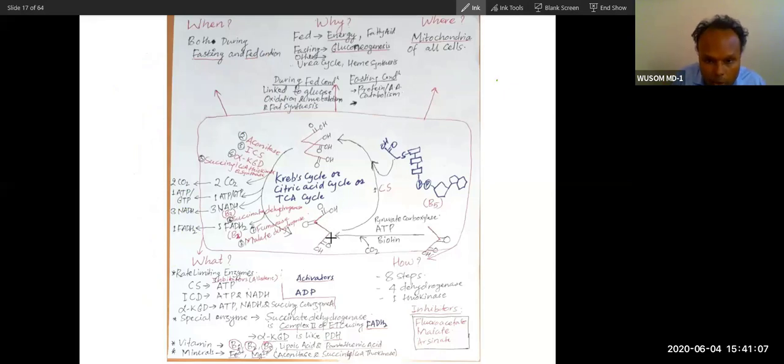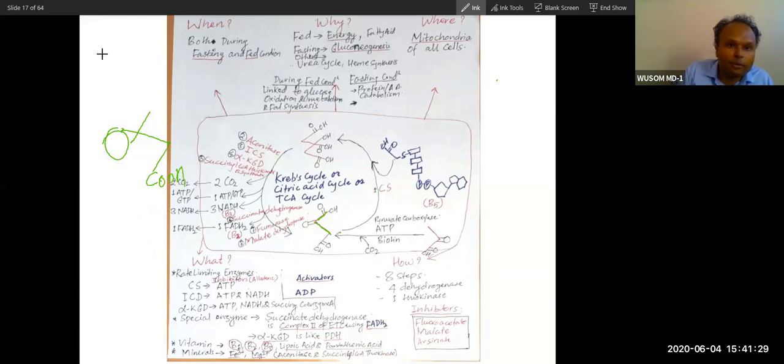So see, can you see the uphill reaction? This is acetyl, and this is oxaloacetate. I sometimes write oxaloacetate like this: this is O, this is X, and this is acetate. A funny way of drawing oxaloacetate.